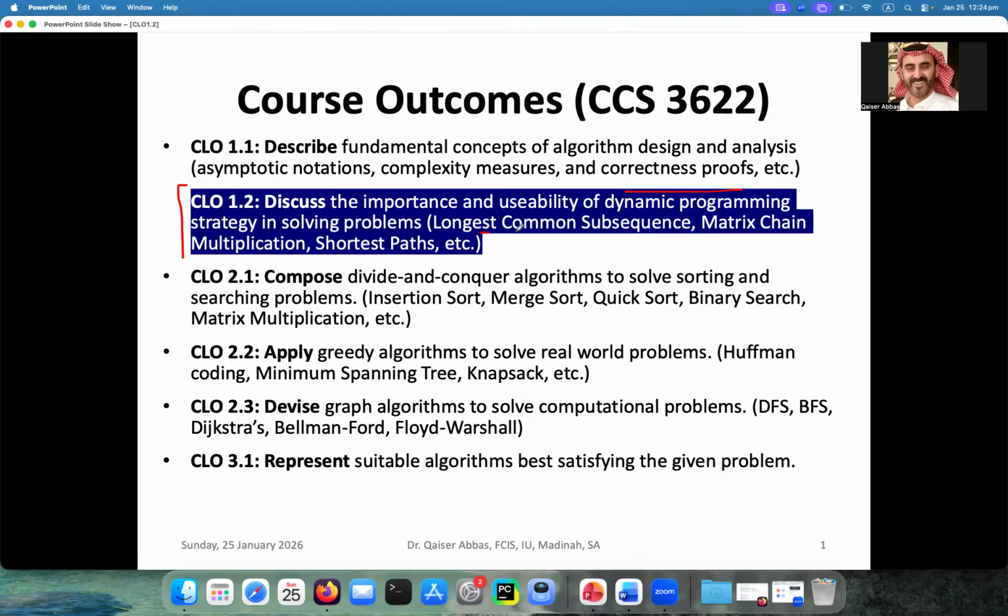For example, longest common subsequence, matrix chain multiplication, and then shortest path. We will go with these three, and there can be some more topics in this category also, but we will go with these two, three topics.